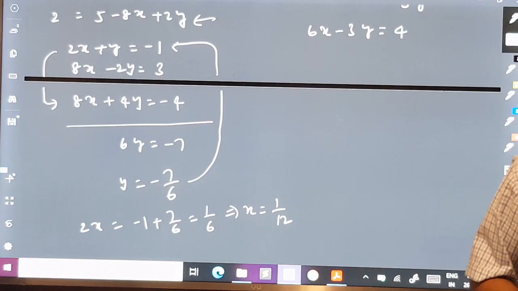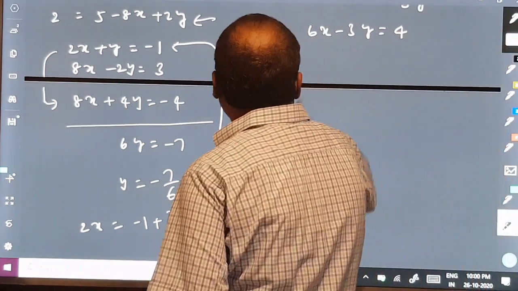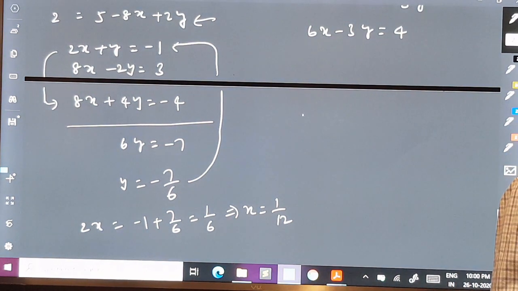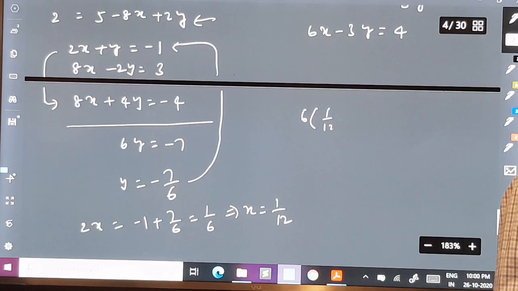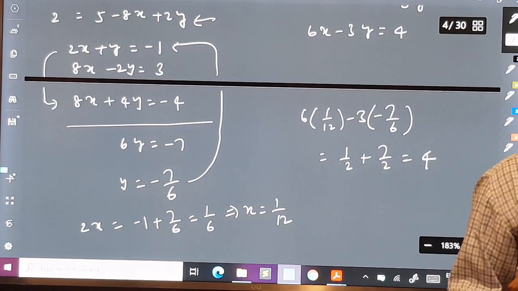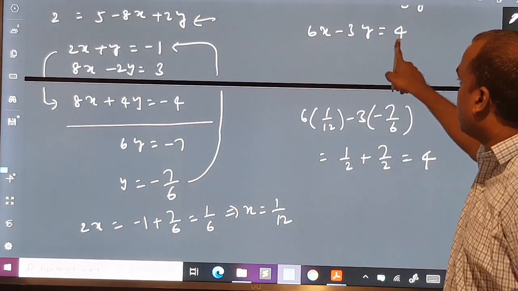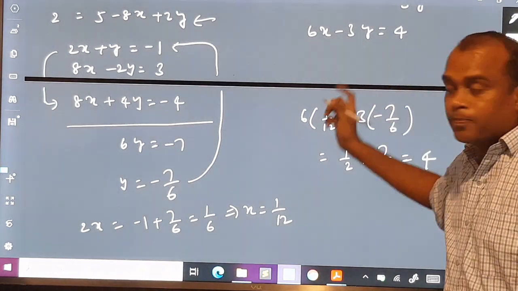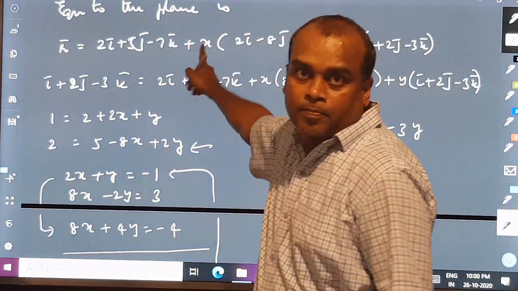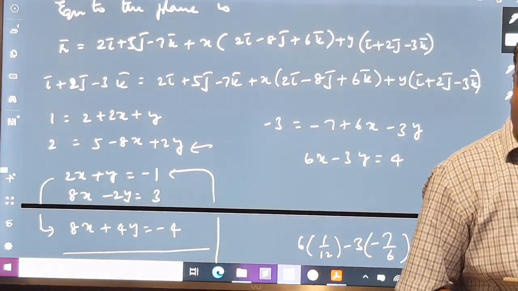Now let us see whether these values of x and y satisfy this third equation. So substituting on LHS, I have 6 into 1 by 12 minus 3 into minus 7 by 6 is equal to 1 by 2 plus 7 by 2, which is 4. And so we observe that it is matching there, it is satisfying. Therefore we can conclude that even this point lies on this plane, and so we have proved that the points are coplanar.